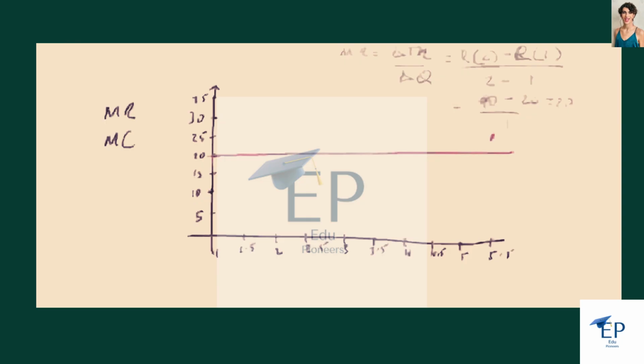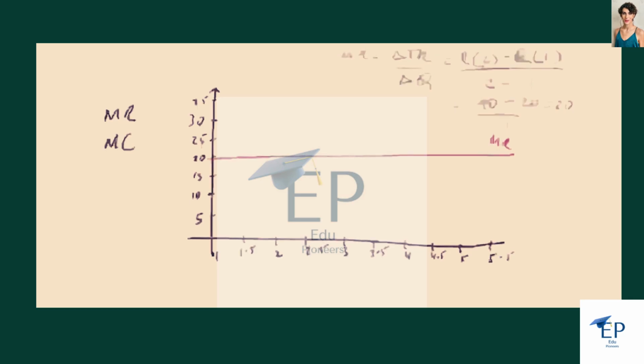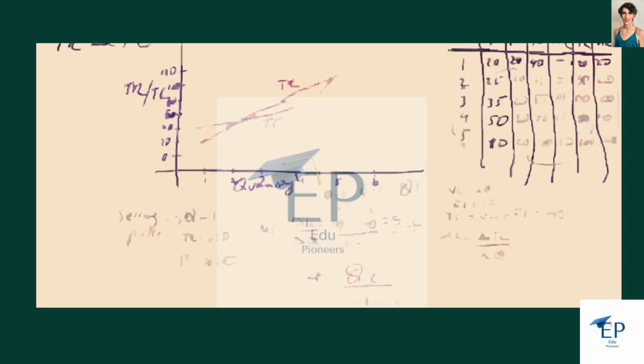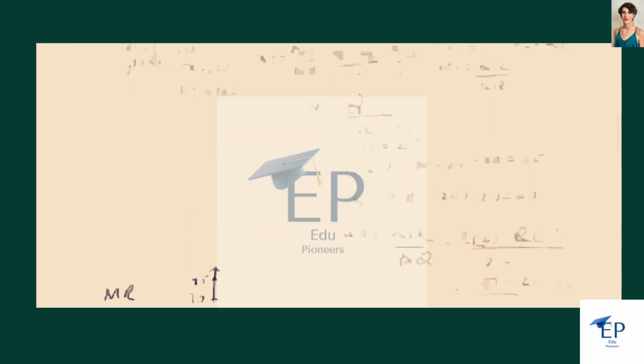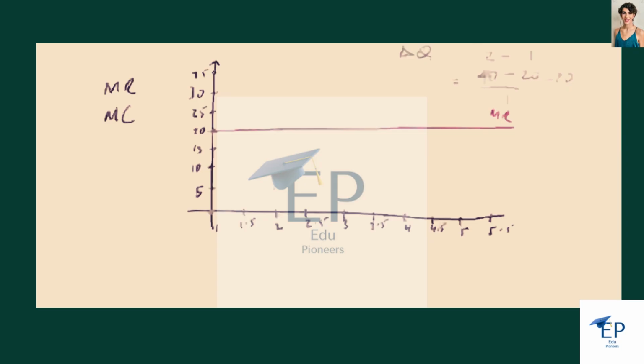then the marginal cost, it rises up a little bit. For example, you can see that at 1, it's pretty much 0, and then at 2, it becomes 5, and then at 3 we have 10, for example. At 4 we have 15, for example.